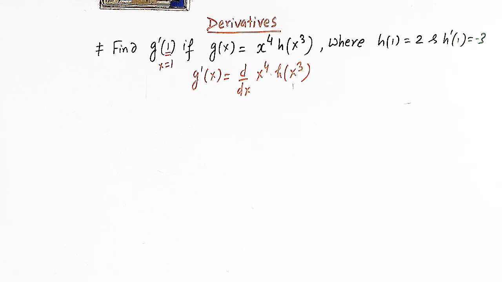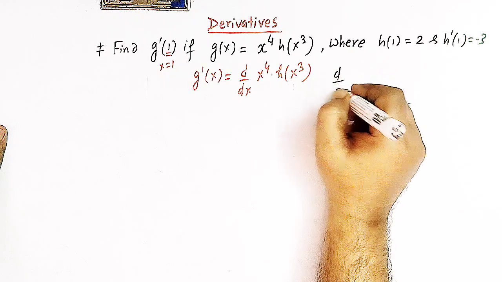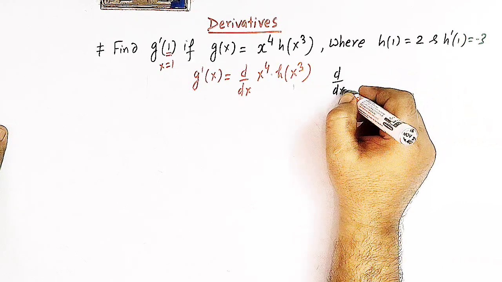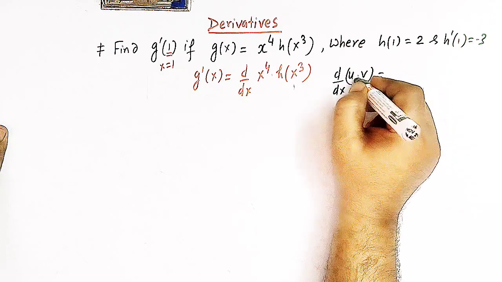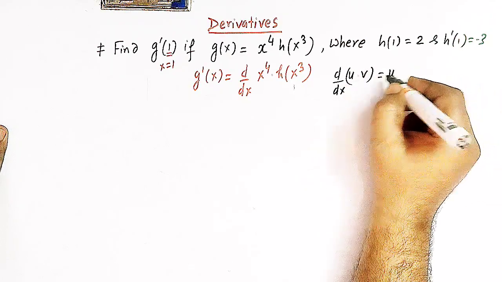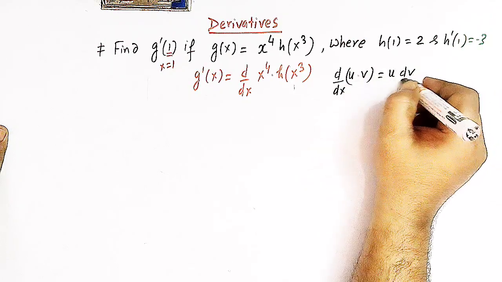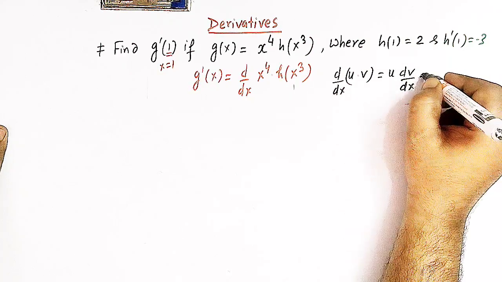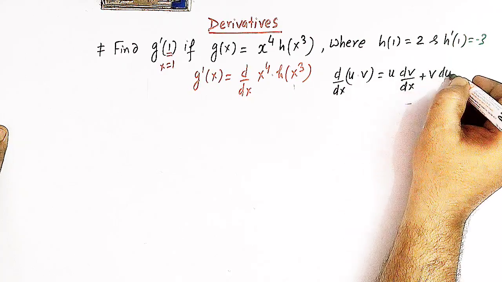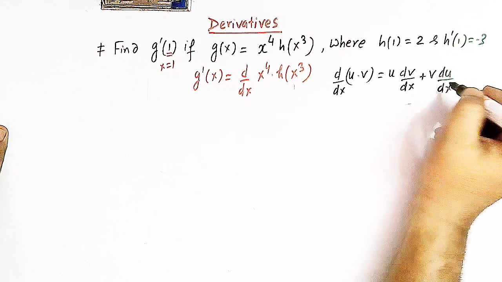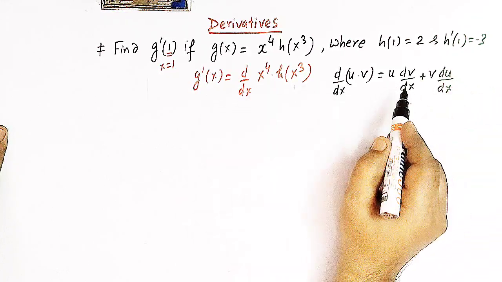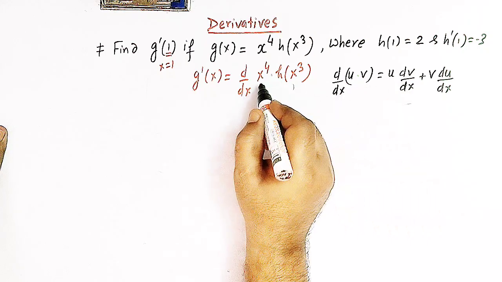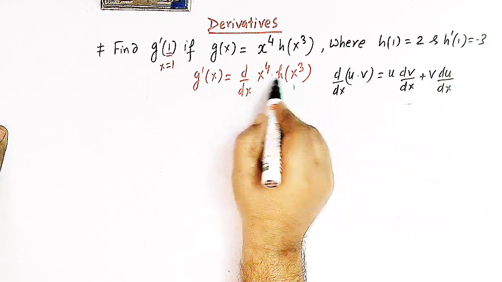The product rule goes like this: if we have two functions, say u and v, and u and v are functions of x, then we have the first function times the derivative of the second function, plus the second function times the derivative of the first function. So here we can make use of this product rule to differentiate this product.